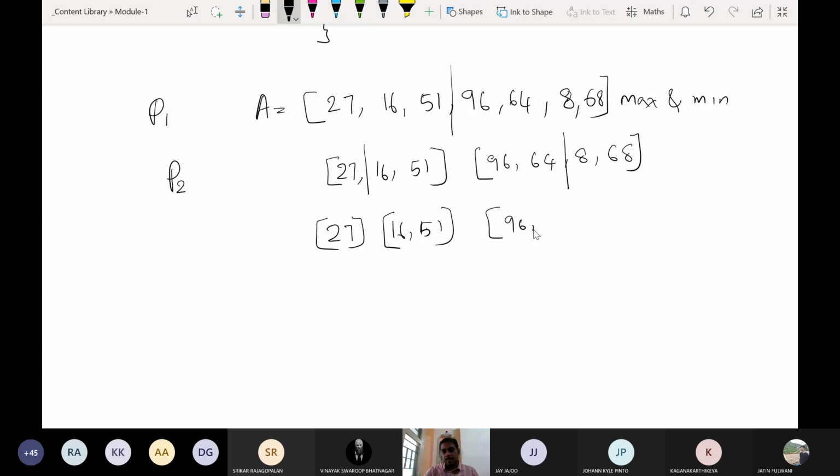So 96, 64 is one subarray or subproblem. Then 8, 68 is another subarray or subproblem. So this is divided again. You can see this is how you can divide it. Now this becomes the third subproblem P3. Now what is the situation? Can we divide it, or do we need to divide it again to find the maximum and minimum? Do we need to divide it again?